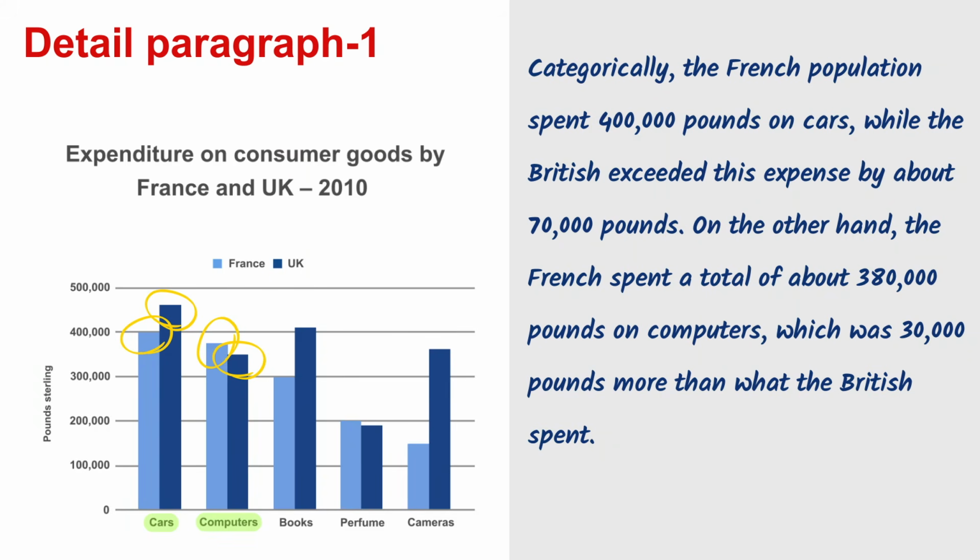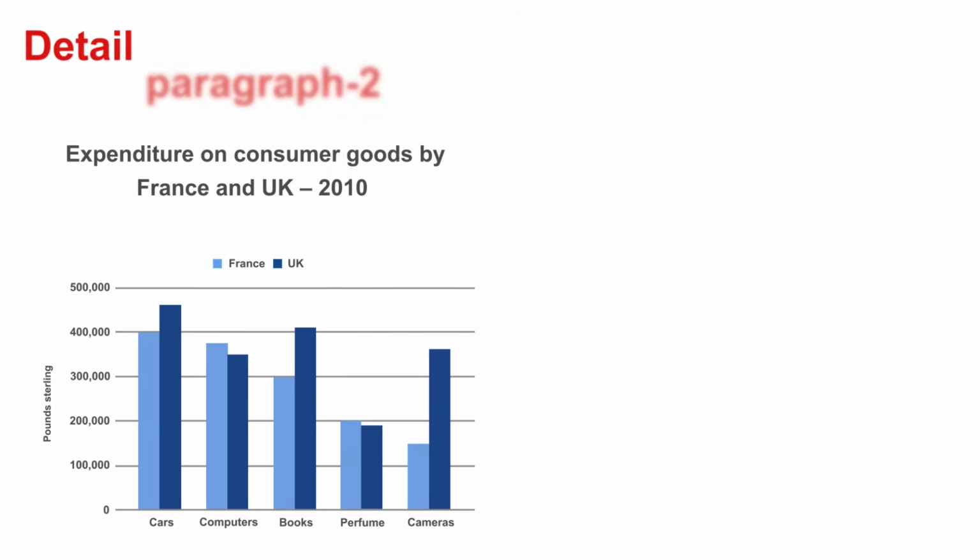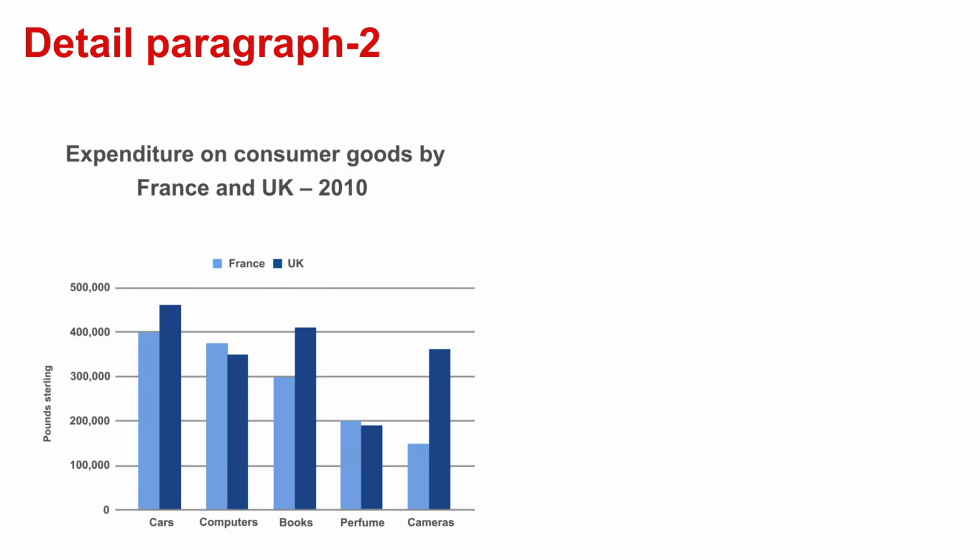So instead of writing about, let's say, the exact number of the money spent, the amount spent, we just write about the difference in number. Okay, and that shows the examiner that you're able to talk about different ways of analyzing data here. Now, let's start writing our paragraph 4.